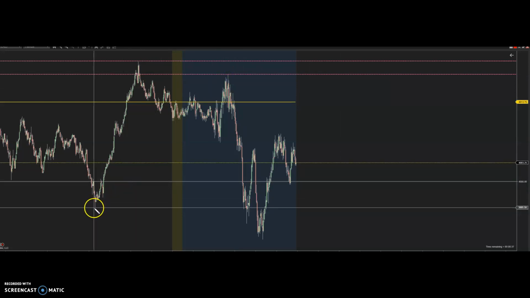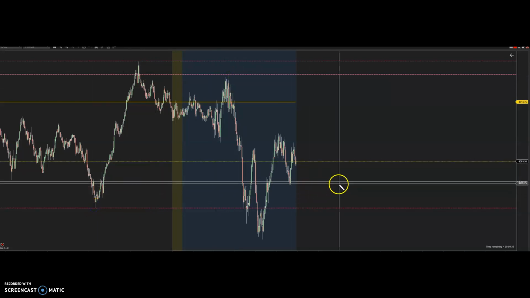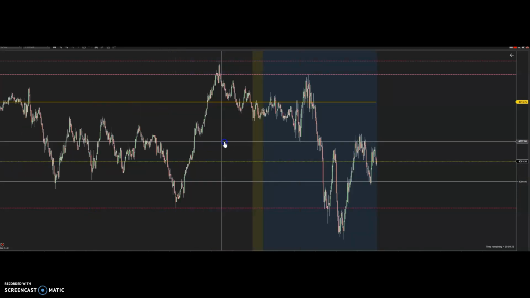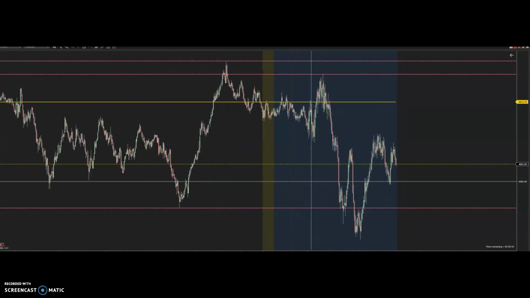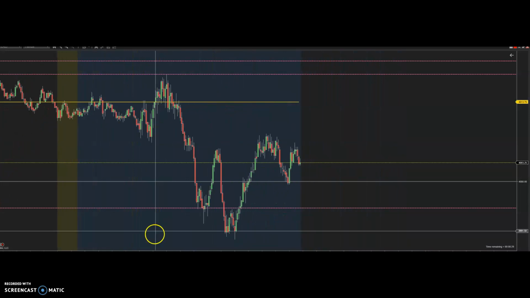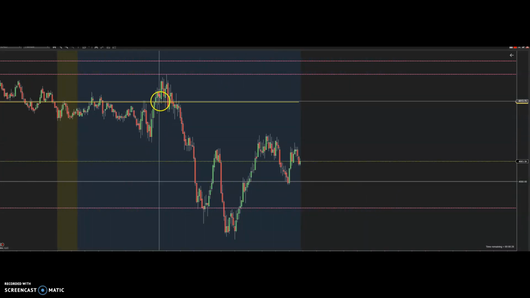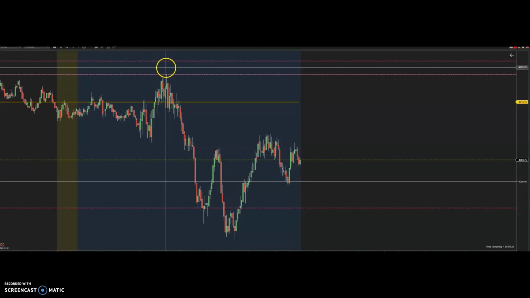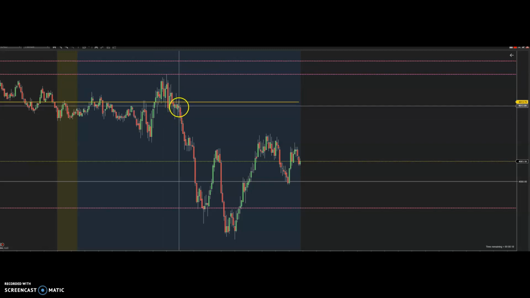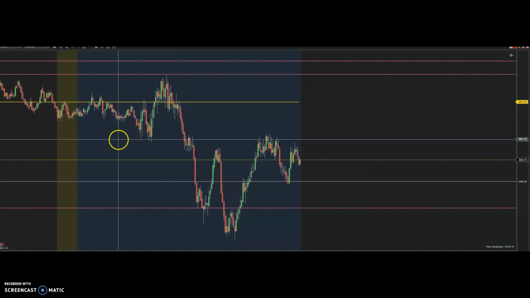There's the low of the day from London. You want to wait till after the New York session opens. After the New York session opens, she ran up 9:45, 9:50ish. She did not take out this high. Look for impulse, correction, continuation.